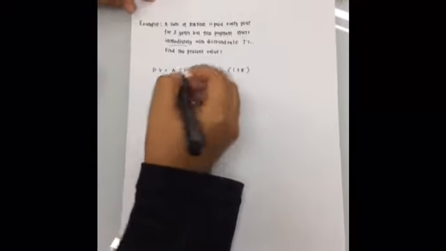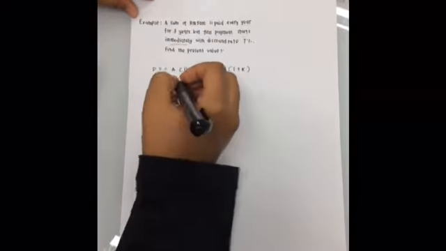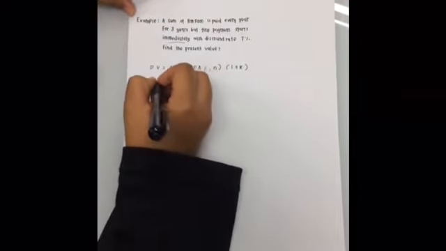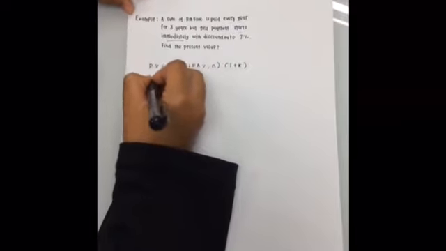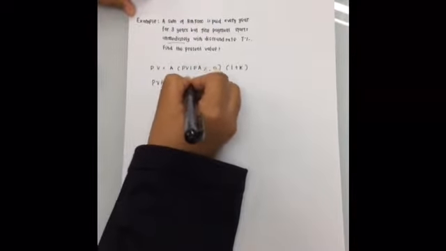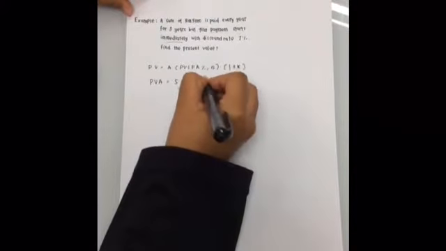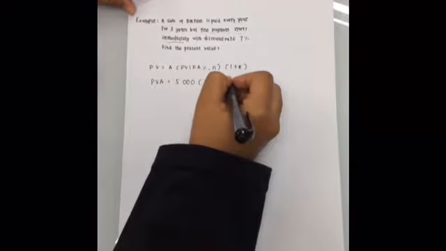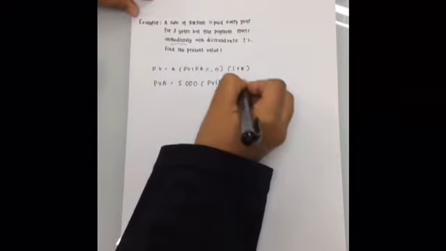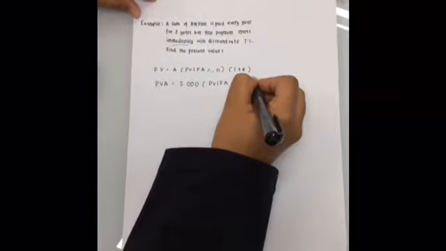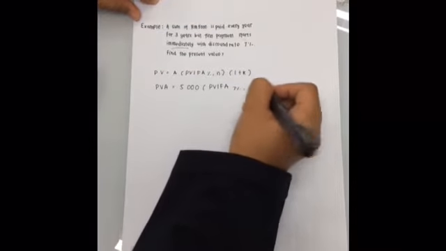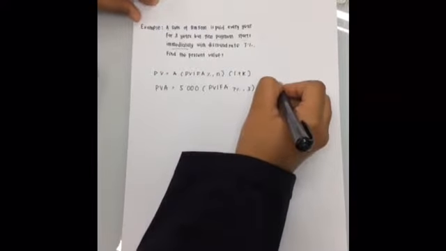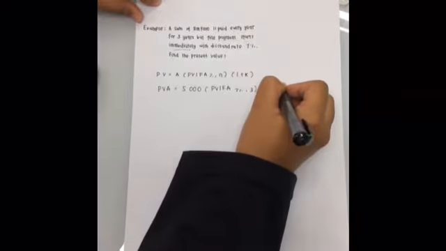So we calculate PVA equals 5,000 times PVIFA (7%, 3 years) times (1 plus 7%).